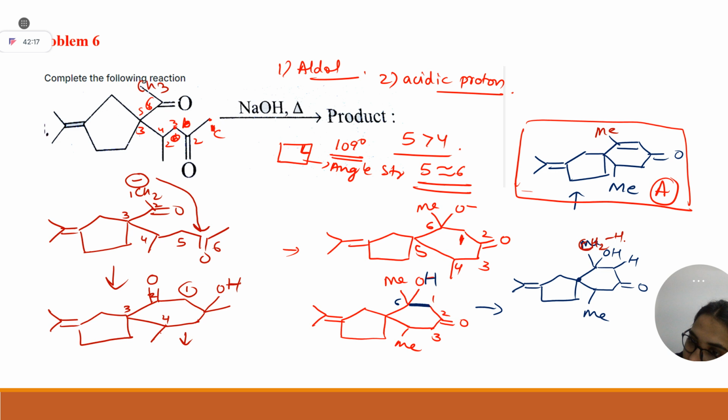From here also it can eliminate a water molecule. But the final product will form where it is in conjugation with this carbonyl. Here in this case it has a possibility from both sides. Obviously it will form from this side in order to gain conjugation. Conjugation brings stability to your product. CO, methyl.